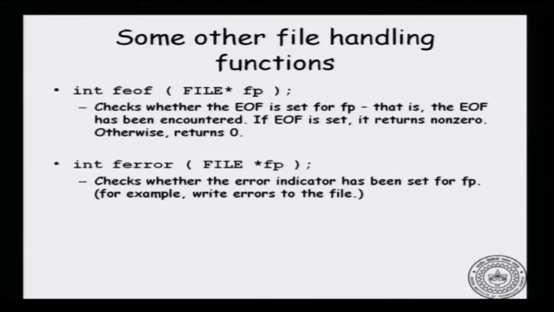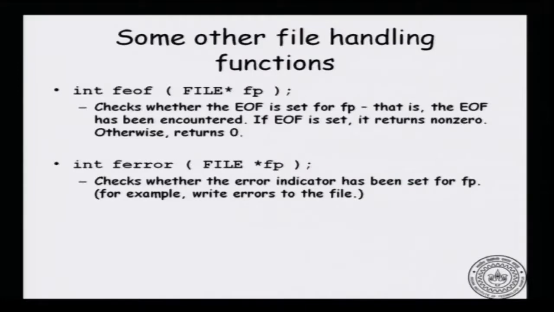Now, another useful file function is ferror. The ferror function takes the file pointer FP and checks whether you have encountered some error while operating on the file. Errors may be of many kinds.